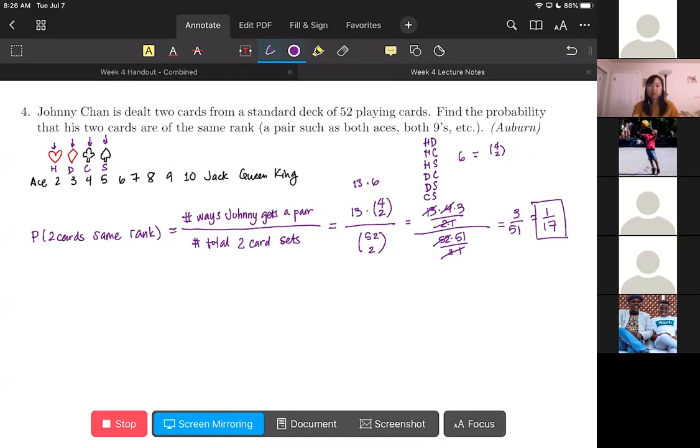But another way to think about this is, say Johnny is dealt 1 card first, and that card could be anything. What's the probability that his second card has the same rank as the first card? Does everyone see why that is the same probability as what this problem is asking?